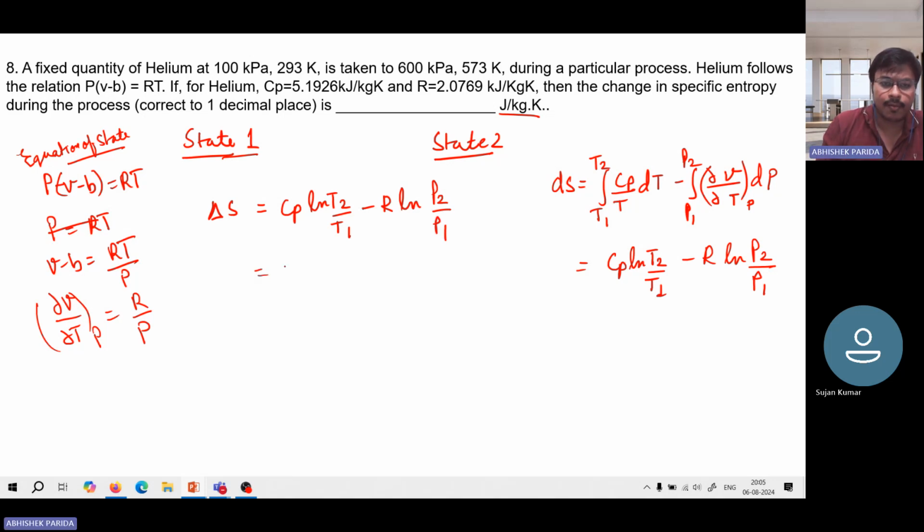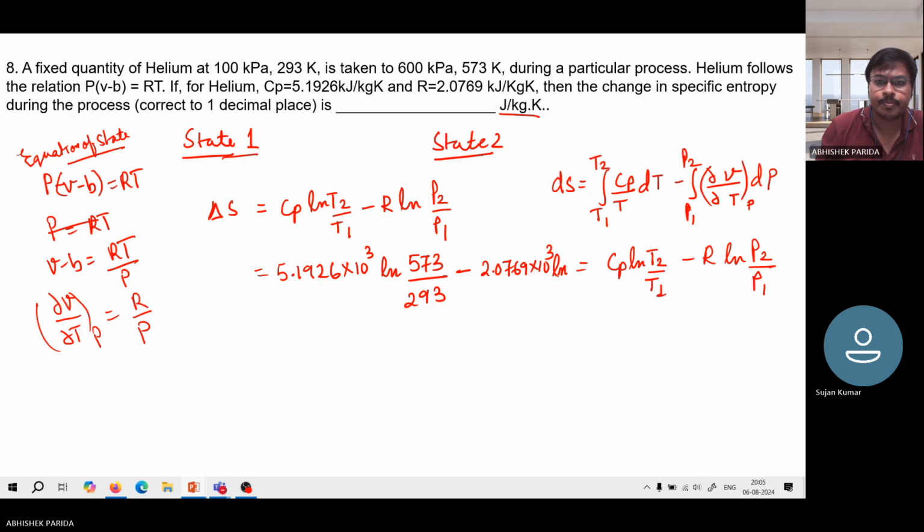Cp is 5.1926 into 10 to the power 3, into ln of T2 by T1, so T2 is 573 Kelvin by 293 Kelvin, minus R, which is 2.0769 into 10 to the power 3, into ln P2 by P1, that is 600 by 100, that is ln 6.